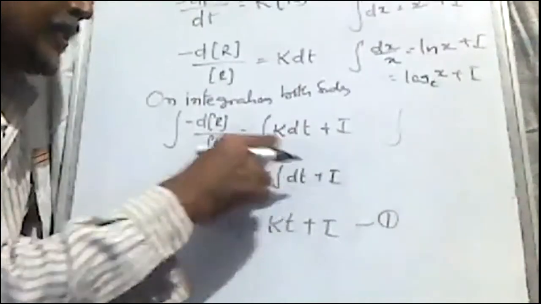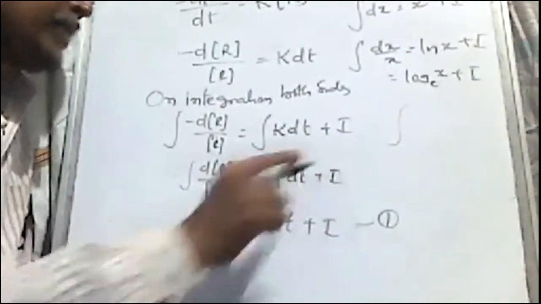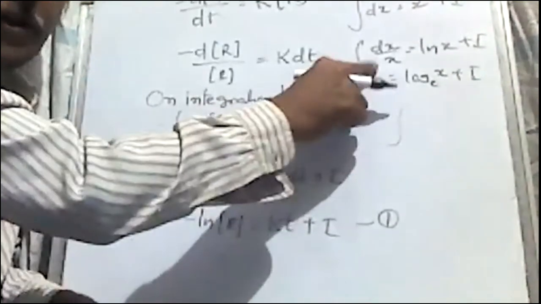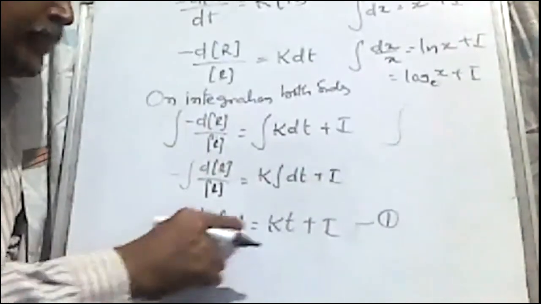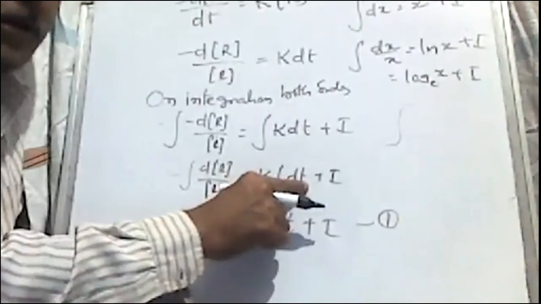As K is a constant, I have taken it outside of the integral, so it is K into the integral of dt plus I. The integral of dx by x is ln x, and the integral of dx is x, which is why here, as the variable is t, I am writing Kt plus I.